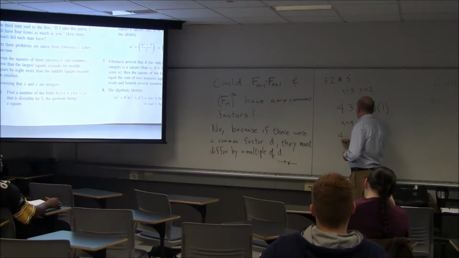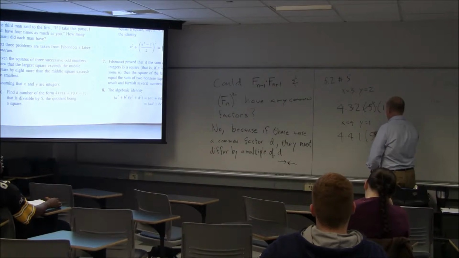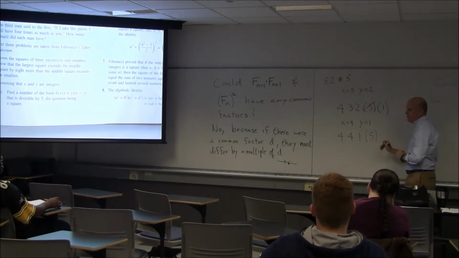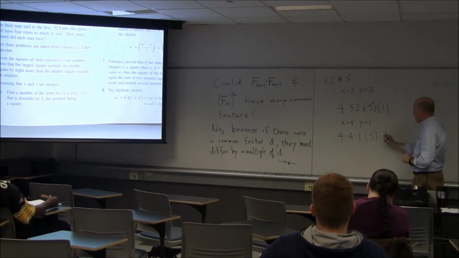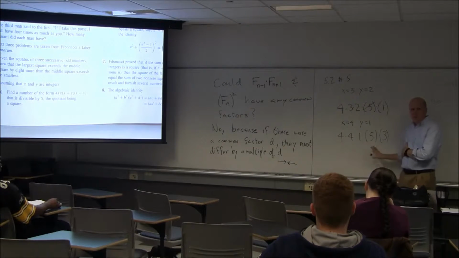We have 4 times 1. Looking good so far. And then we have our 5. But no, then we're going to get the 3 from the x minus y part. That was so close. We got a square, and then that 3 messed it up.